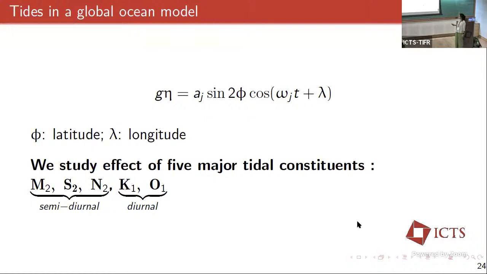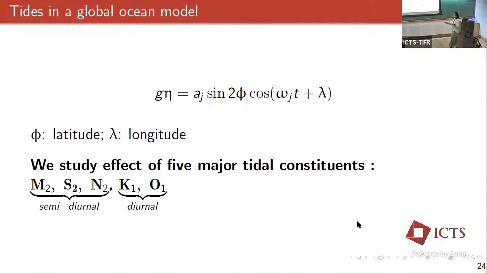Now in this expansion, there will be expansion coefficients, right? I did not expand it, but you can expand it as a series. And if you expand it in a series, there will be different coefficients. In this study, I am taking 5 major coefficients or constituents. These are called tidal constituents.